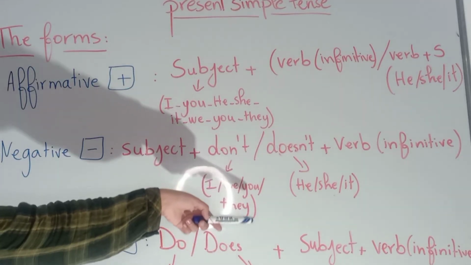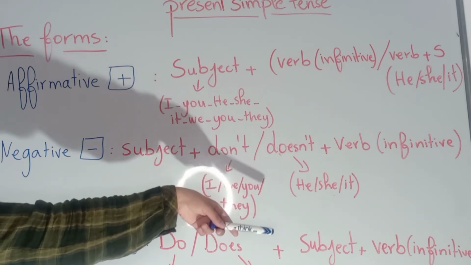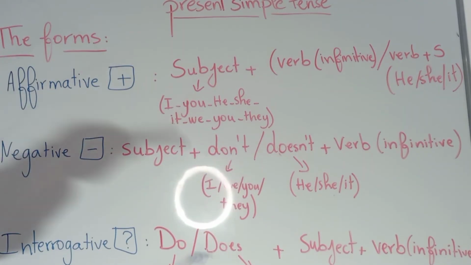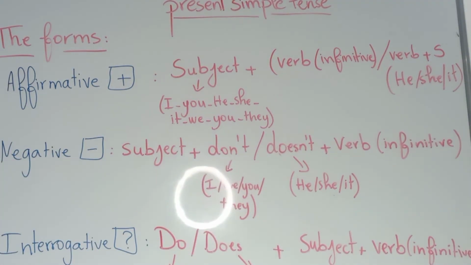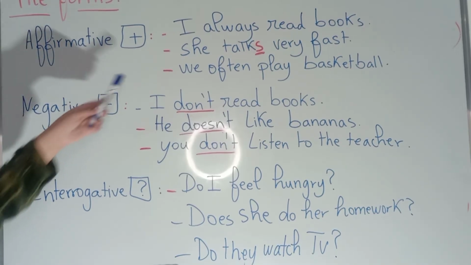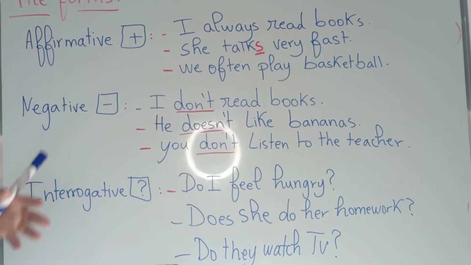We put the subject in the middle of the question, and then the verb infinitive or the base form. Here I wrote some examples for you so that you can understand more.